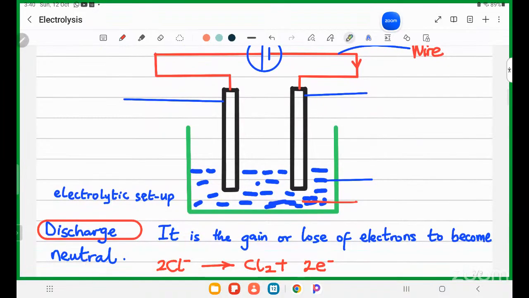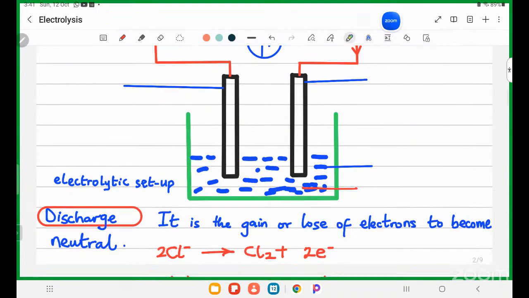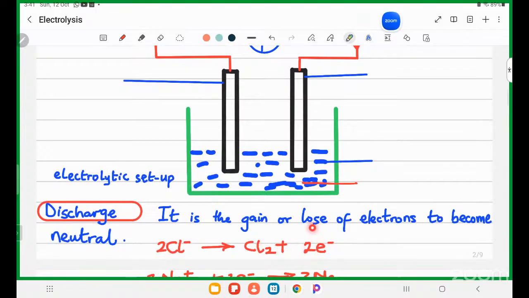Discharge is also another term we use in describing electrolysis. When we say discharge, it means gain or loss of electrons to become neutral. Look at this chloride ion. It is losing an electron to become chlorine.